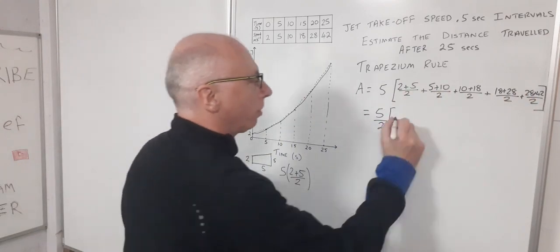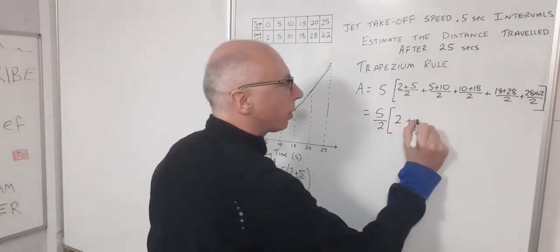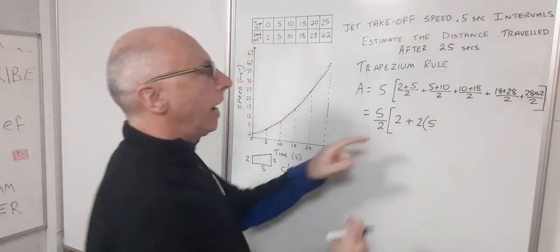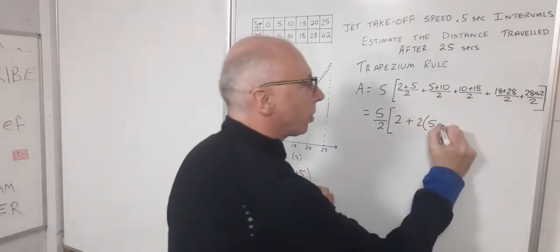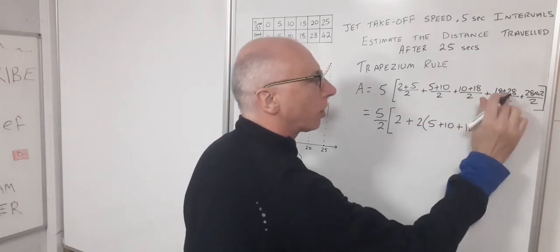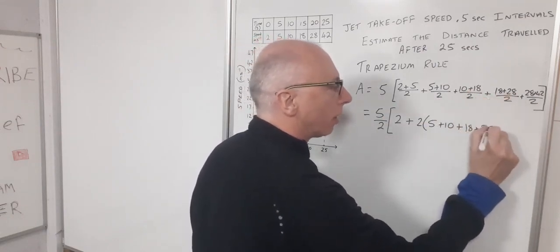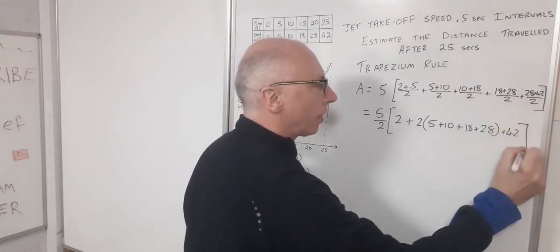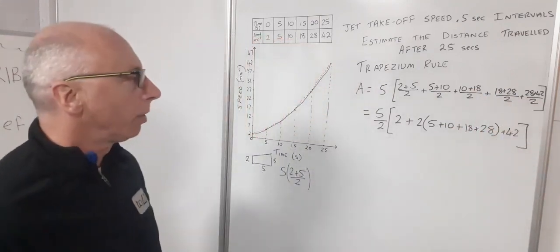So what I can do is rewrite this as 2 plus 2 times 5, and I've also got 2 times 10. So I can just add these numbers up. And 18, I've got 2 28s, and I've only got 42. So that would simplify that calculation.